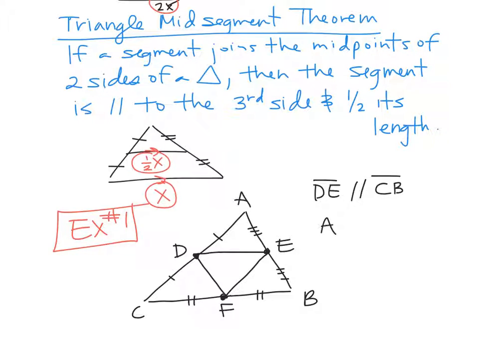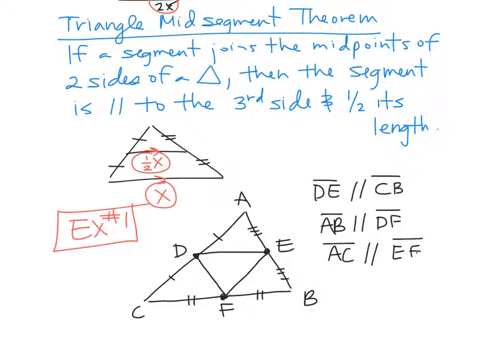What's parallel to AB? DF. And then the third one, AC is parallel to what? AC would be parallel to EF.